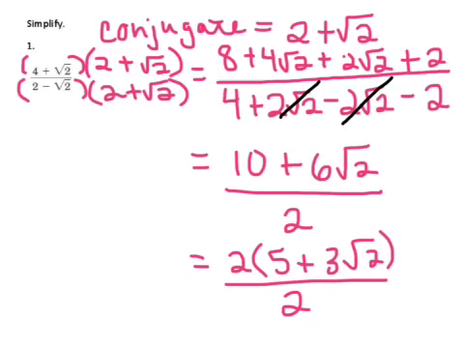Since we have a common factor in the numerator that cancels with the denominator, we may now actually cancel the denominator altogether. So our final simplified answer for this example is 5 plus 3 root 2.